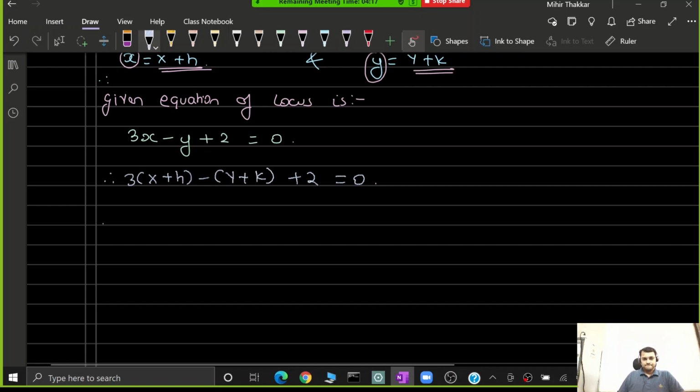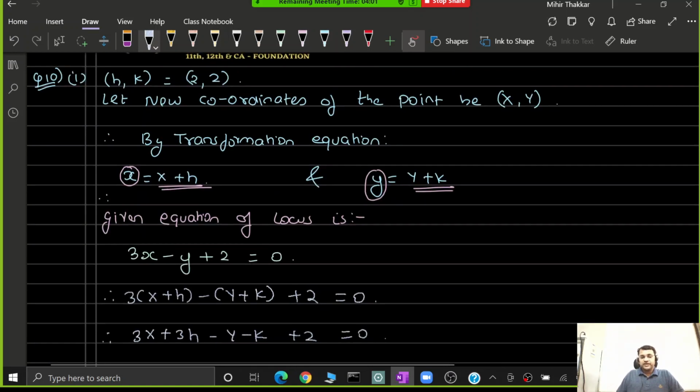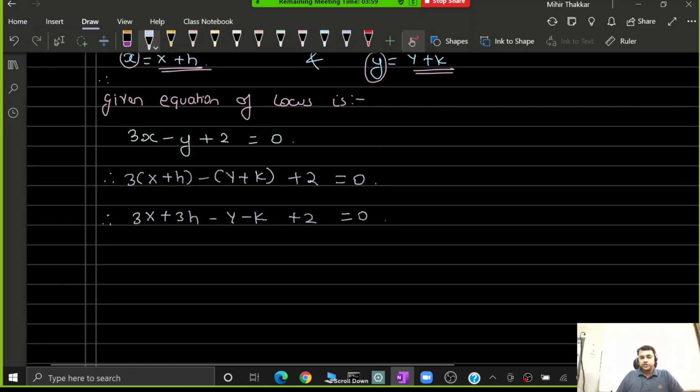Therefore, 3X plus 3h minus capital Y minus k plus 2 is equal to 0. You know that the values of h and k are 2 comma 2. So let us substitute that in place of h and in place of k.